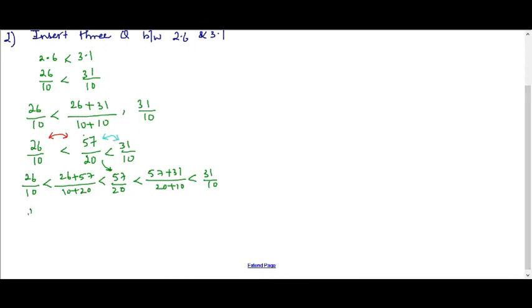Then what will happen? 26 by 10 less than 5 plus 2 is 7, 7 plus 6 is 13, 5 plus 3 is 8, by 30, less than 57 by 20, less than 88 by 30, less than 31 by 10. So this is how you get 3 rational numbers inserted between them.